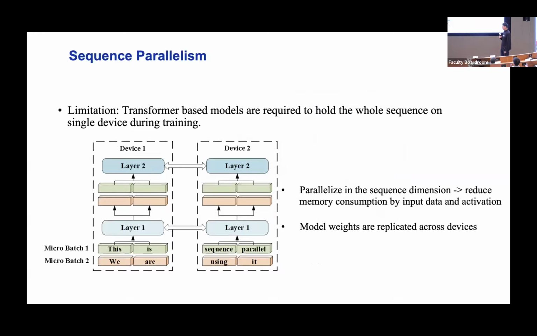So the naive or straightforward approach is to partition the sequence length. You have multiple servers or multiple GPUs, and you partition the long sequence across different GPUs or servers. That's a very straightforward idea.